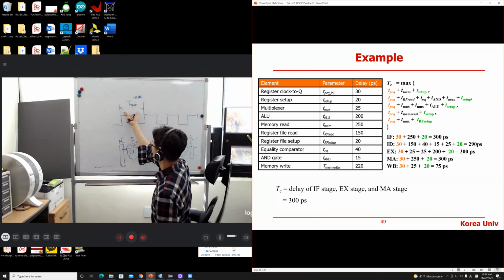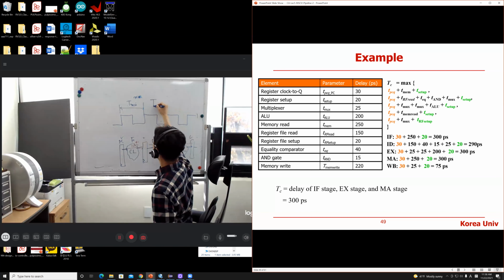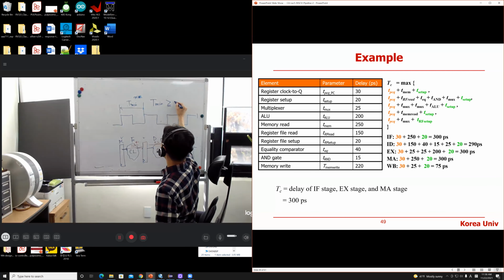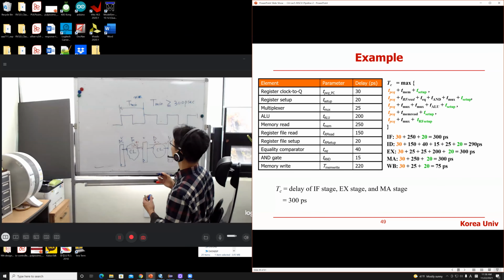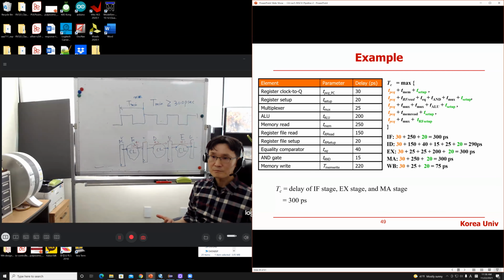Clock period should be longer than that number. Tmin should be longer than 300 picosecond for our pipeline CPU to operate properly. Shorter, then we have a problem.